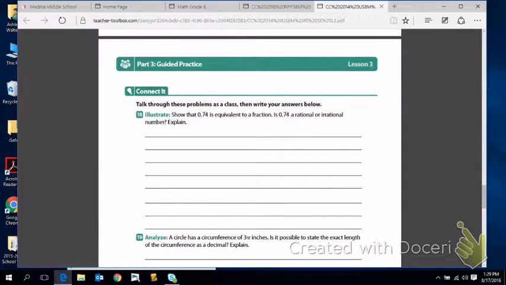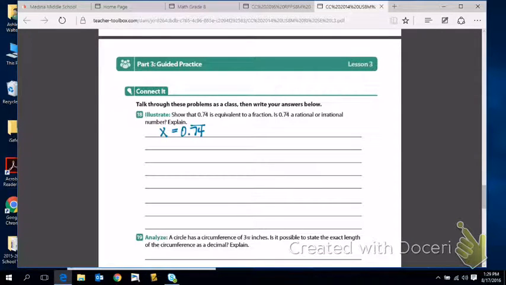As we make some connections, we're asked to show that 0.74 repeating is equivalent to a fraction. And then we want to know, is 0.74 repeating a rational or irrational number, and explain. If we follow the steps that we went through in class, we know we'll first take 0.74 repeating and set it equal to x.